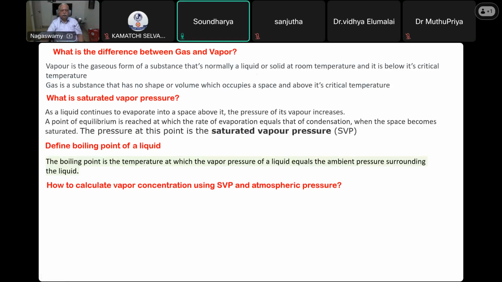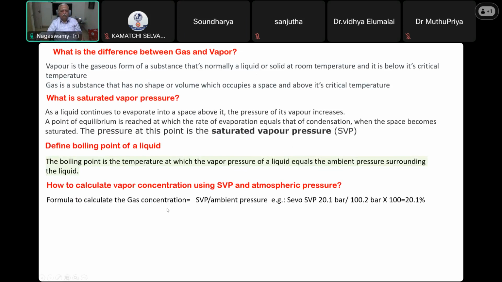Saturated vapor pressure of the particular agent divided by atmospheric pressure is the concentration. Excellent. So the formula for gas concentration is saturated vapor pressure divided by ambient or atmospheric pressure.